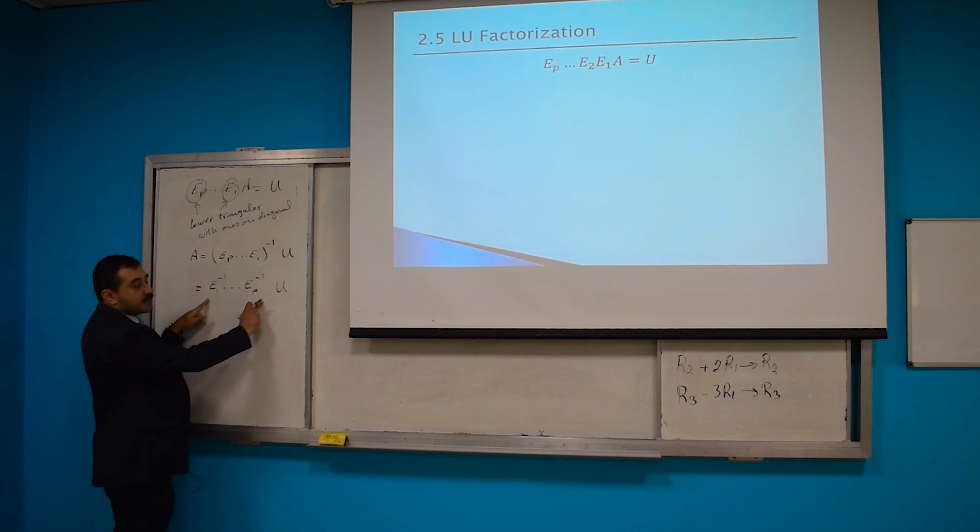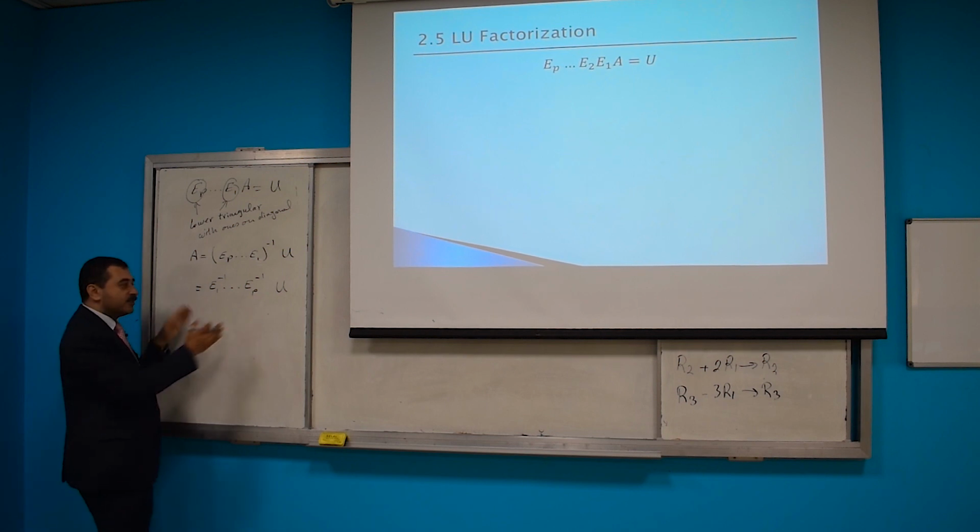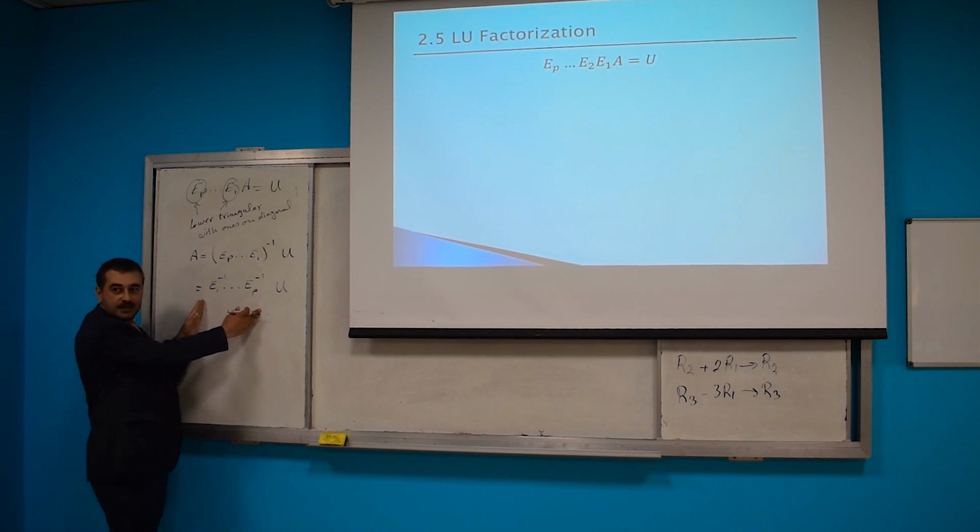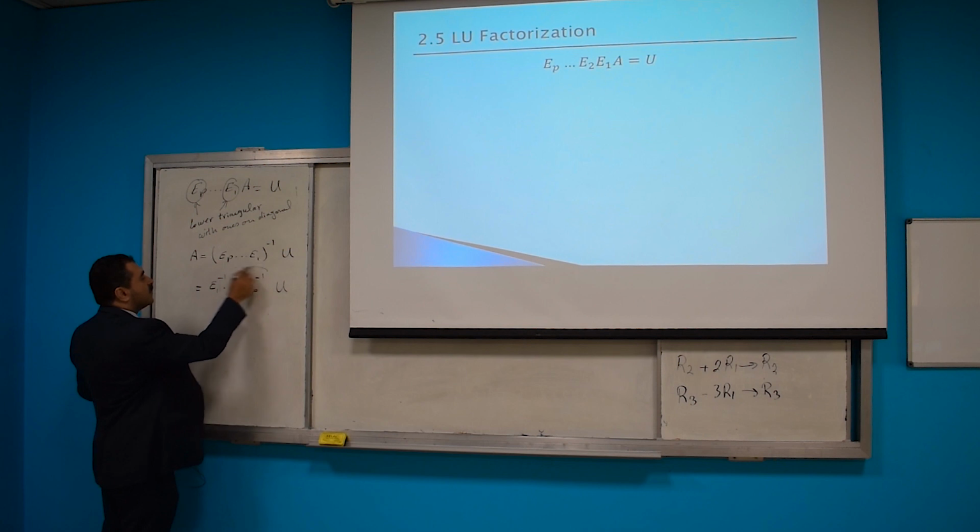So the product of these guys is a lower triangular matrix with ones on the diagonal. Actually, this is L. Okay? So this guy or this guy is L.